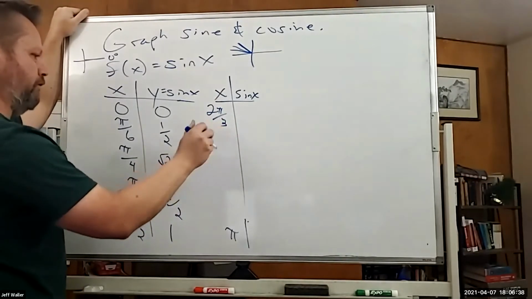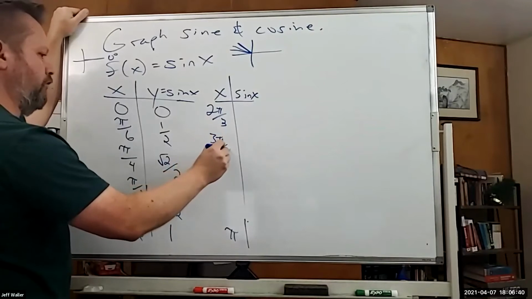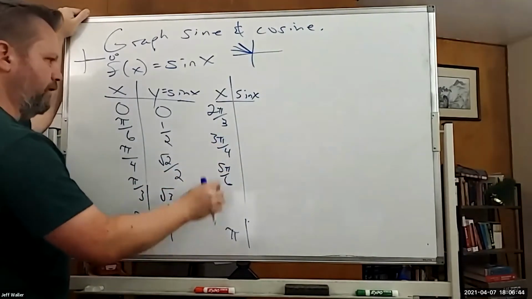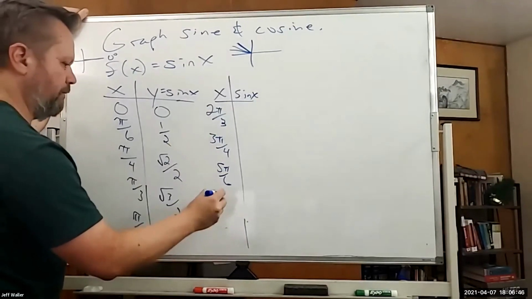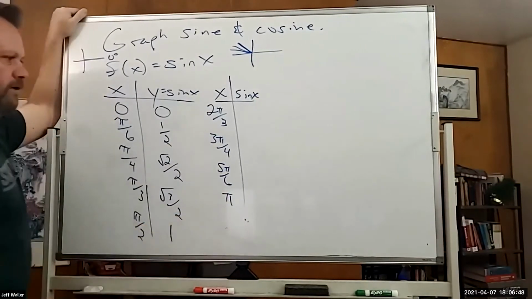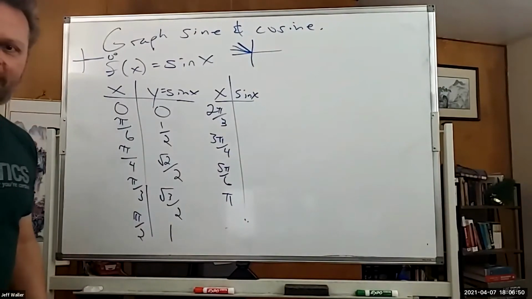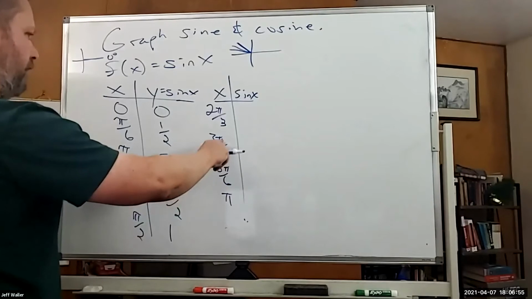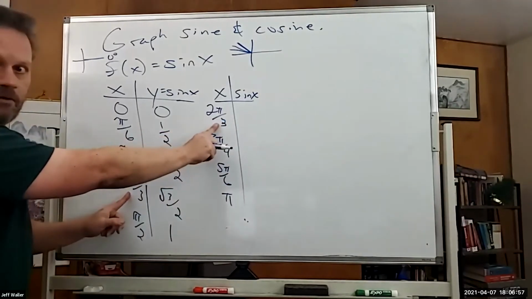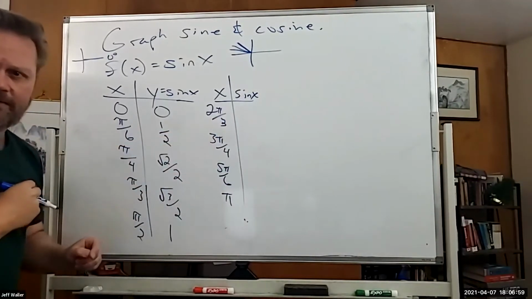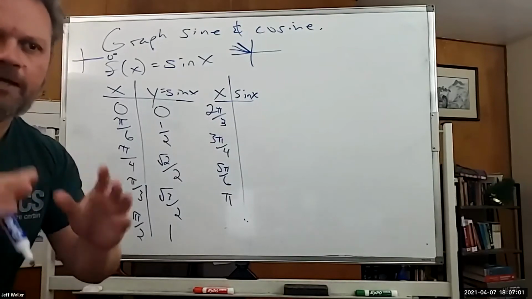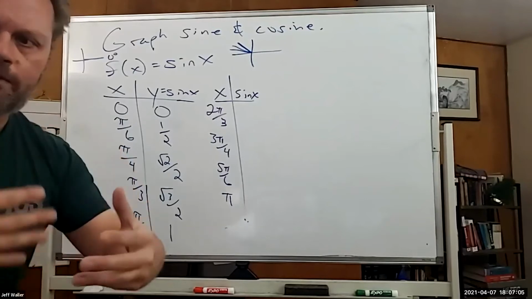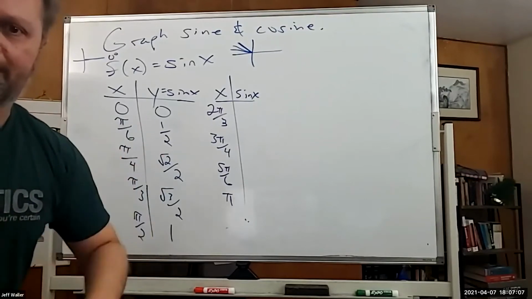That's 2 pi/3, and then 3 pi/4, and then 5 pi/6. I've got so much room here, and then pi. Isn't that kind of neat? It's kind of like that goes with that reference angle, that goes with that reference angle, that goes with that reference angle. Do you guys try to show you some neat things to notice so it's easier to remember how to do this kind of stuff? All right.